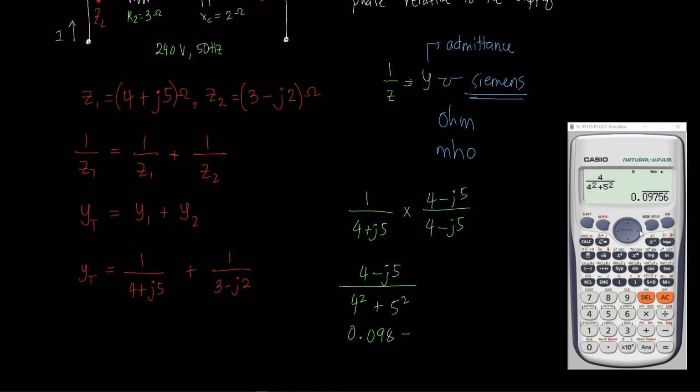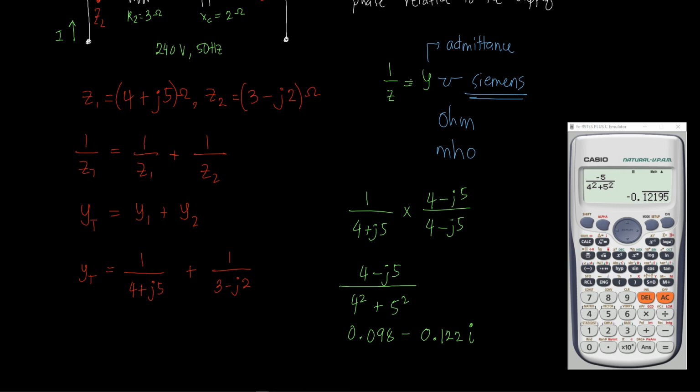So, negative 5, ang imaginary part is negative 5 over 41 gihapon, which is 0.122. J. Okay, so nakuha nata Y1.